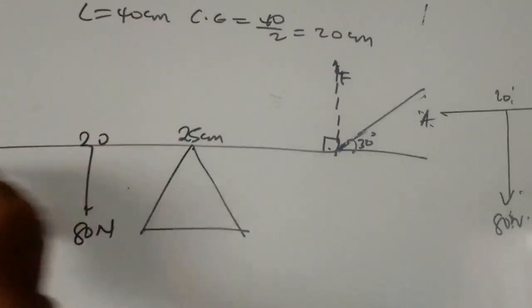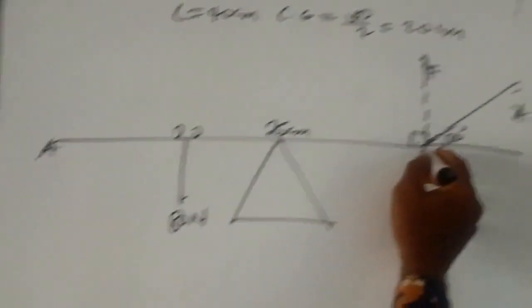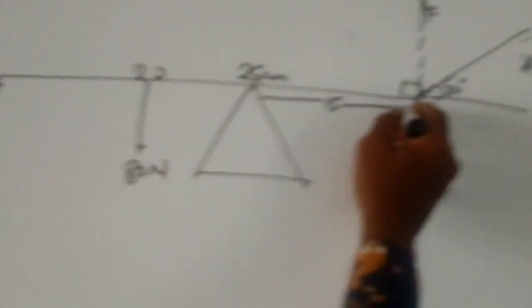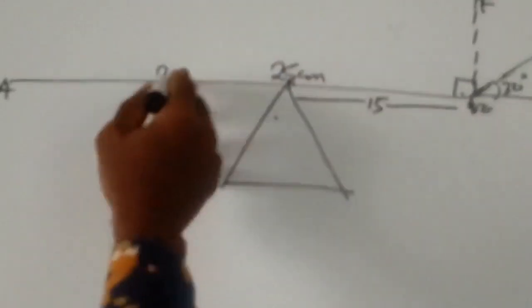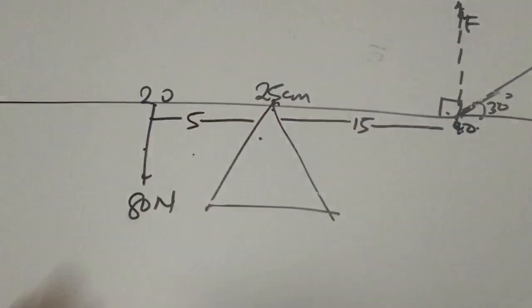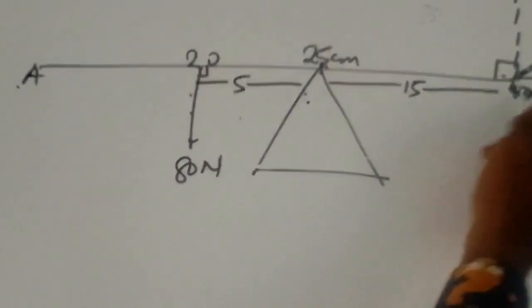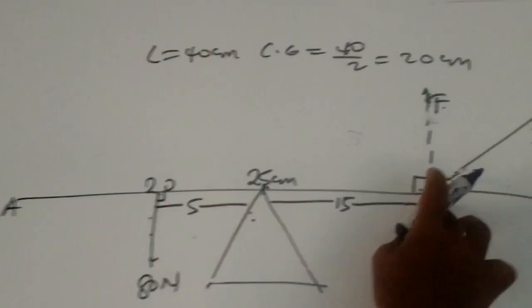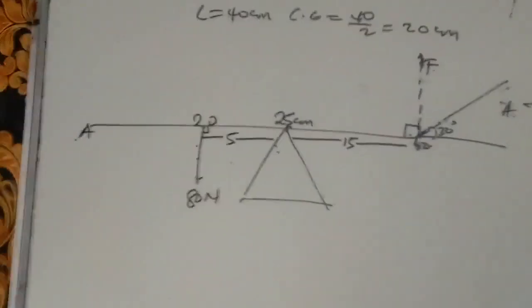Since the length is 40 cm and the pivot is at 25, this will be 40 minus 25, giving us 15 here. And from here to here is 25 minus 20, giving us 5. We create an imaginary force because the string is not perpendicular to the wood. So when you have done that, we now find the force F.